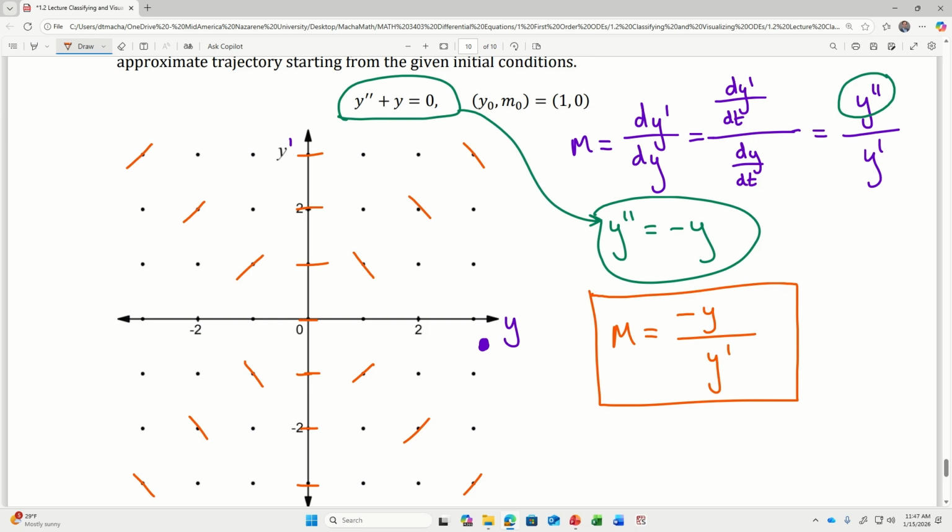If y is greater than y prime, I'm going to get more steep slopes. So like that should be a pretty steep slope. And these should be pretty steep.